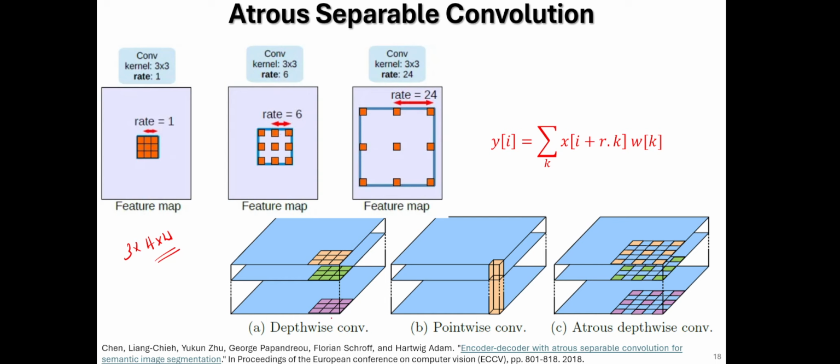You can see here there are 3 convolutional kernels which are getting multiplied individually. And then we already know about the pointwise convolution, where you can increase the number of channels to whatever number you want. And Atrous depthwise convolution has the same advantage of depthwise convolution, but with Atrous convolution, so you can see the zero padding here. So you combine the Atrous convolution with the depthwise convolution. That's what is used in DeepLab version 3.